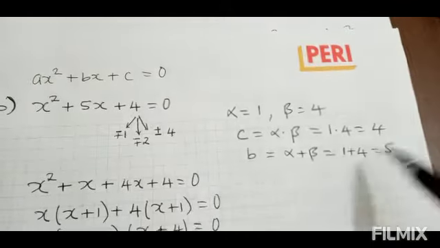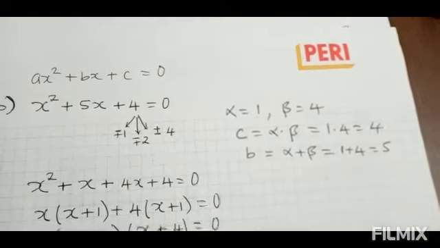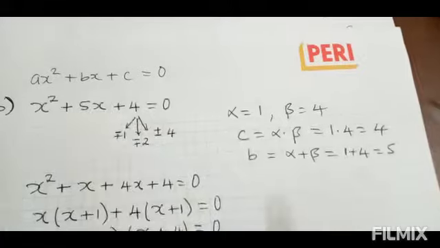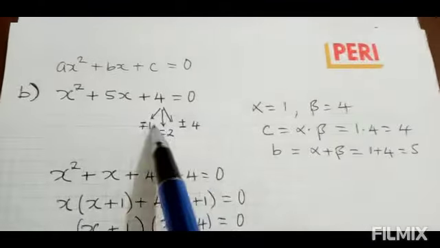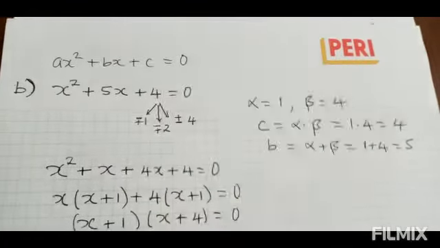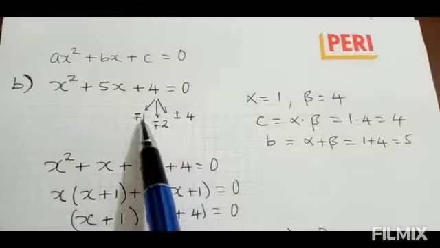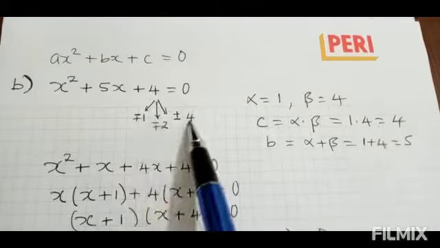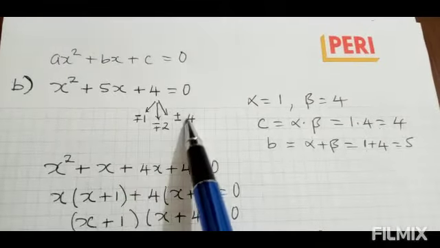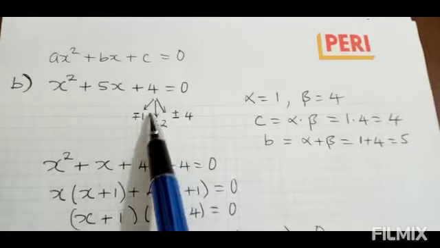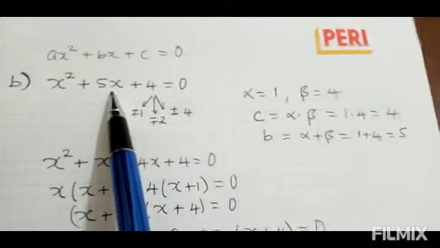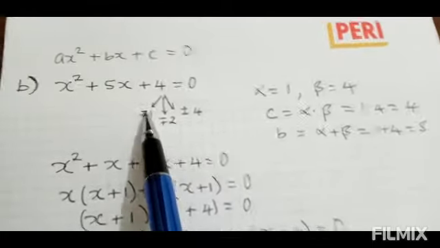So here it is 1 and 4. We cannot take the negative ones. If we took -1 and -4, when we multiply them we get 4, of course, but when we add them we get -5. So that's why we pick the positive ones.